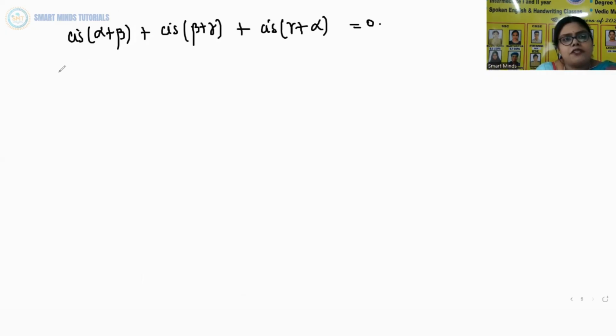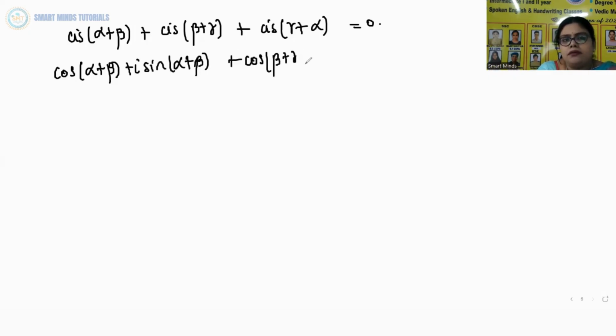So cis(alpha plus beta) I can write as cos(alpha plus beta) plus i sin(alpha plus beta), plus cos(beta plus gamma) plus i sin(beta plus gamma), plus cos(gamma plus alpha) plus i sin(gamma plus alpha).